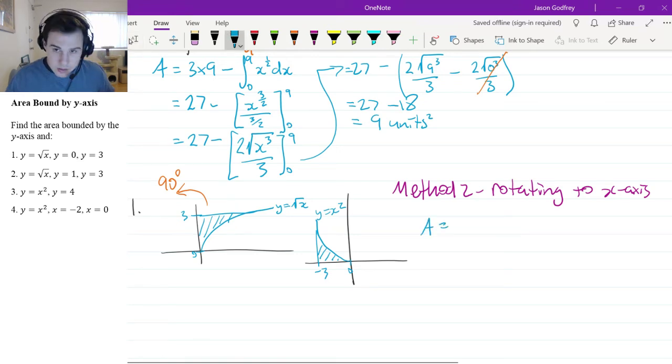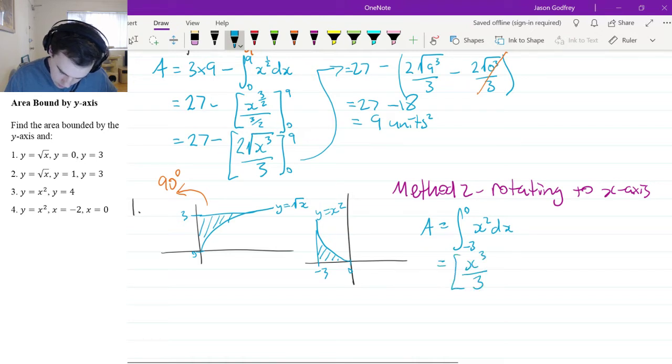So the area, everything's above the x-axis, so it's going to be positive, so we don't need to worry about absolute values. So we're going to find the integral from -3 to 0 of x squared dx. Add 1 to the power, divide by the new power.